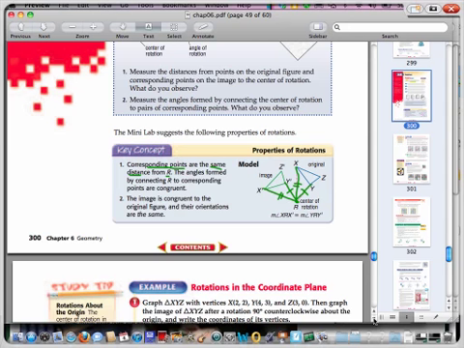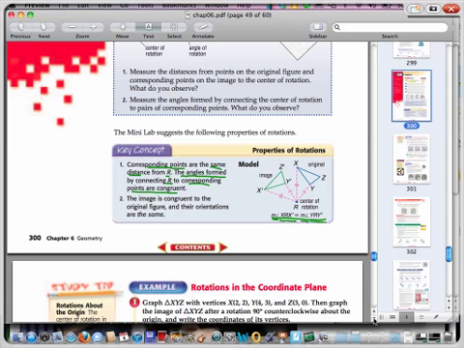And then what else they say is that the angles formed by connecting R to corresponding points are congruent. So what exactly do they mean by that? Well, let's take a look. Their statement is that the measure of angle XRX prime is the same as the measure of angle YRY prime.